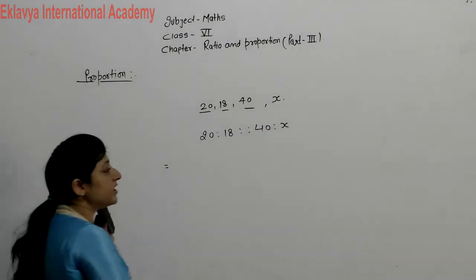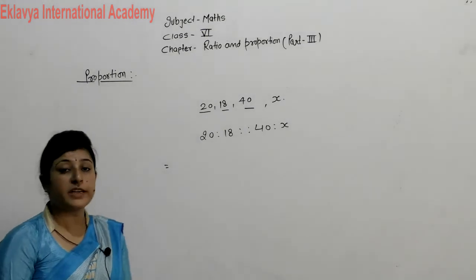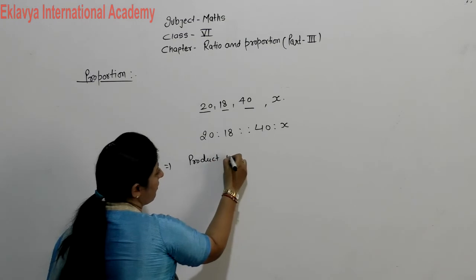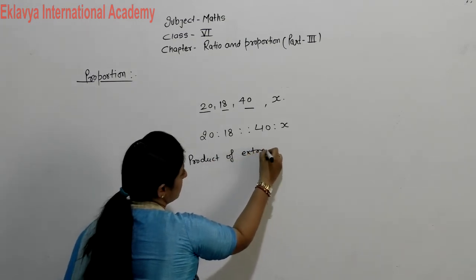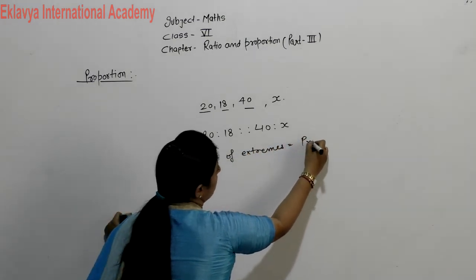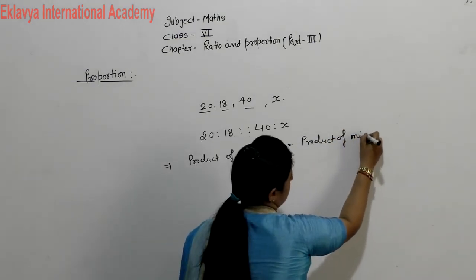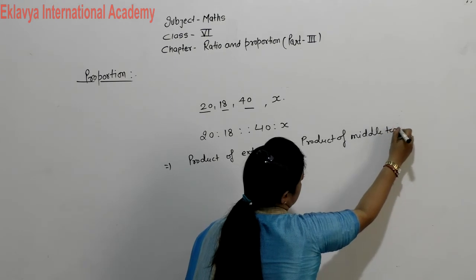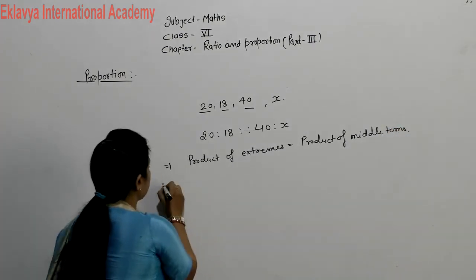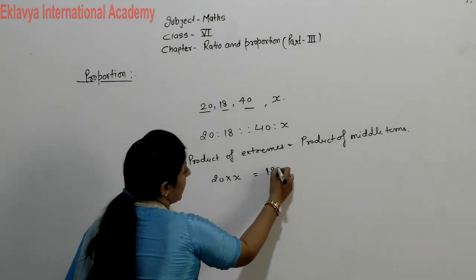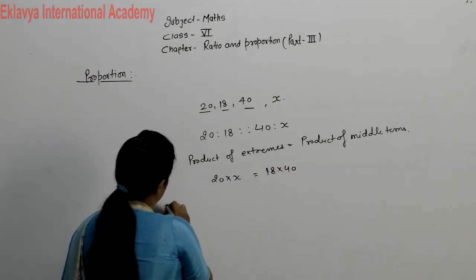What is the condition of proportion? How to solve it? We know one condition, that product of extremes is equal to product of middle terms. It means we can write down 20 multiplied by x is equal to 18 into 40.